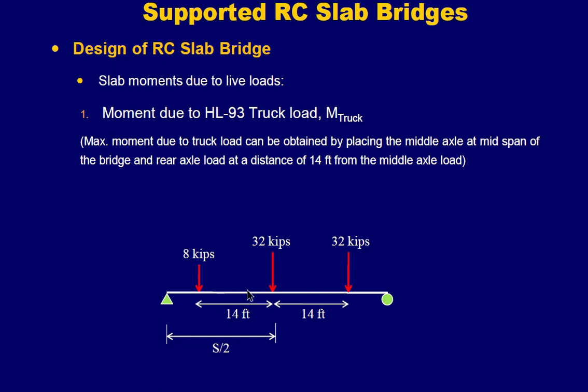This distance is fixed by AASHTO at 14 feet, but the other distance varies depending upon different requirements, usually from 14 to 32 feet. If you make it 14 feet and put this point at the middle, it will give you the maximum bending moment at this point.